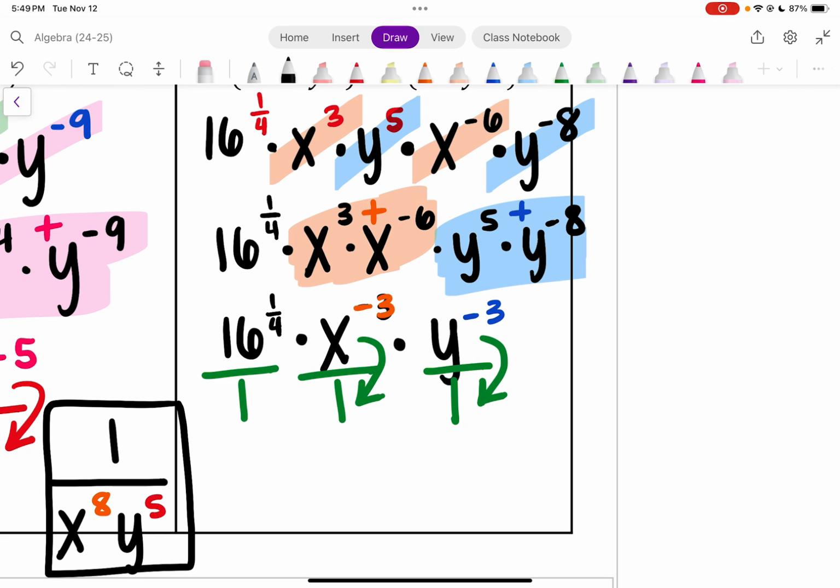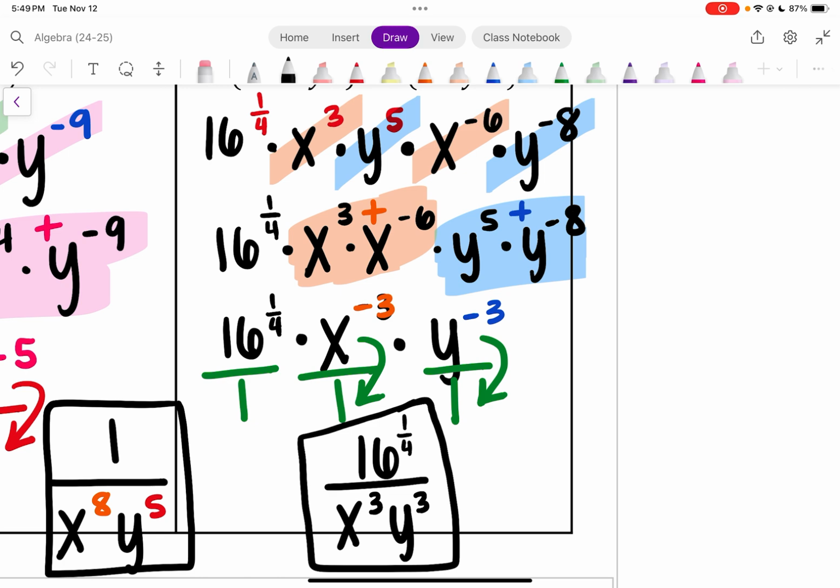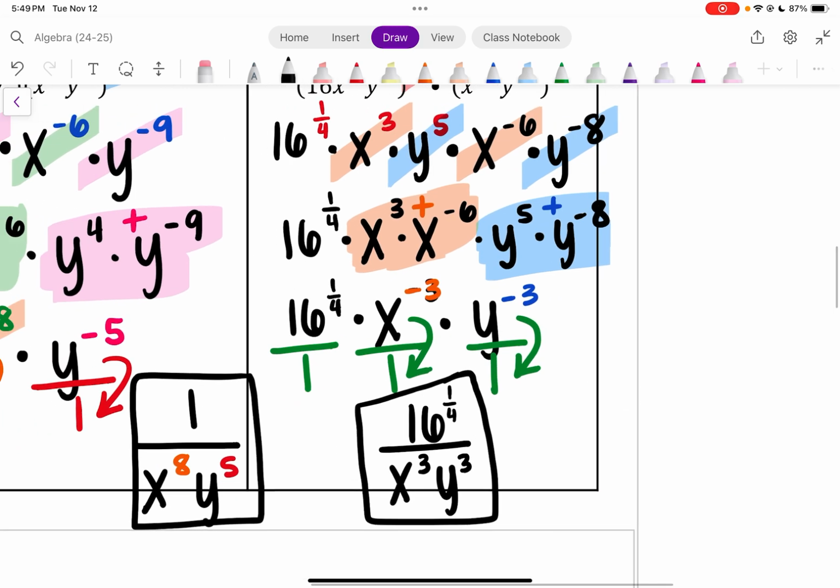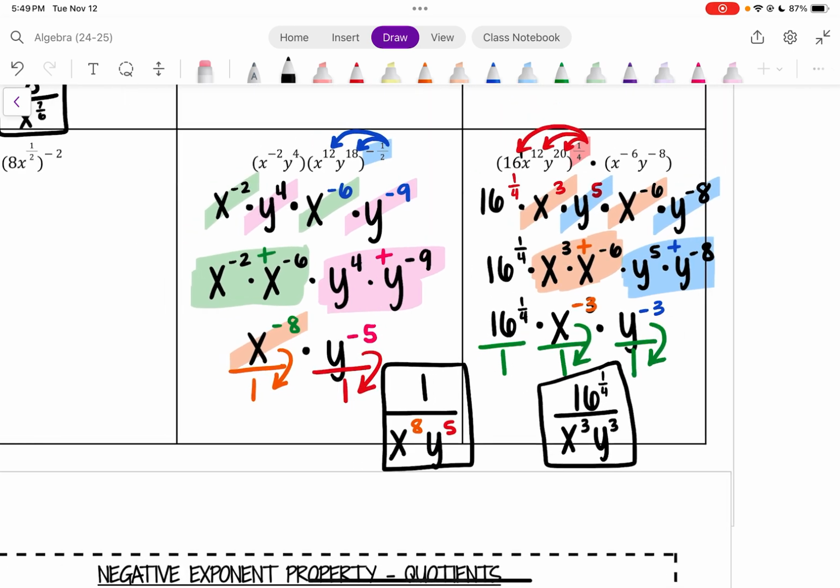So I moved my x and my y to the denominator. So now I have x to the 3 and y to the 3. But notice that I left the 16 to the 1/4 in the numerator. So my final answer is 16 to the 1/4 over x to the 3 and y to the 3rd. Okay? So that is my final answer. We haven't done anything with that fraction yet, so you leave it as a fraction.